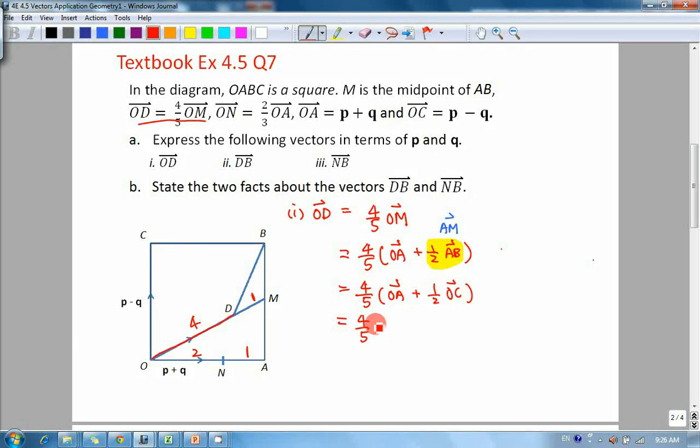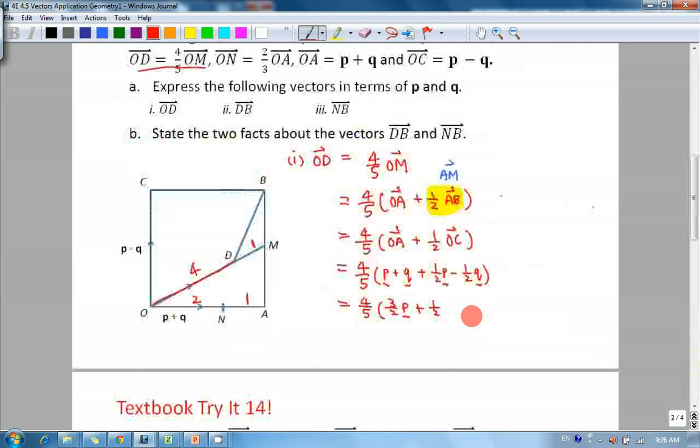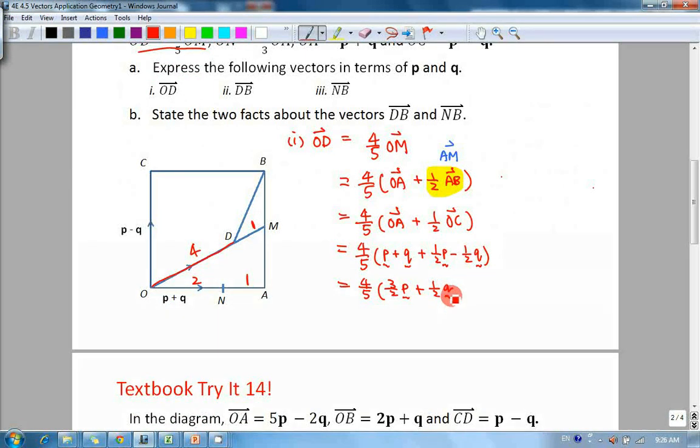Then now I put in all the values. OA is P plus Q, OC is P minus Q, so half P minus half Q. So you have 4 over 5, 3 over 2 P plus half Q, and therefore if you simplify, you have 6 over 5 P plus 2 over 5 Q. Okay, this is OD.